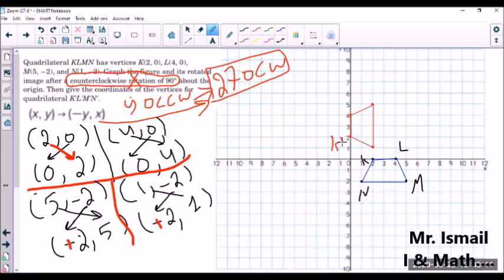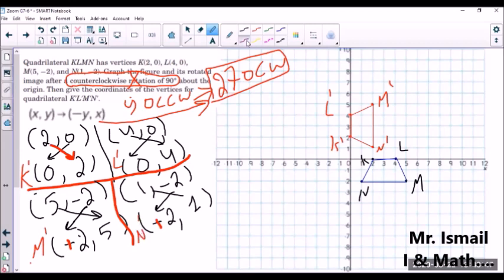Second point, L prime, 0, 4. 2, 5 for M prime, and N prime. So this point is K prime, this point is L prime, this point M prime, and this point N prime. And this is my image.